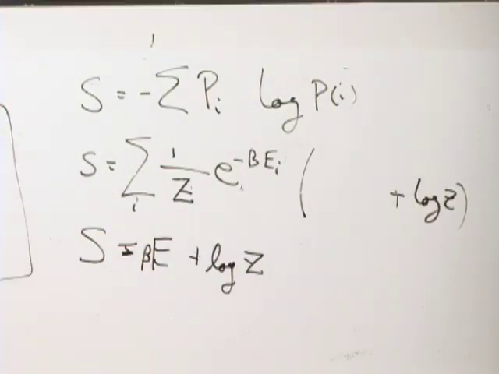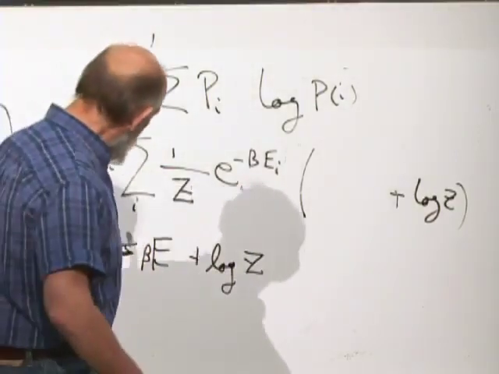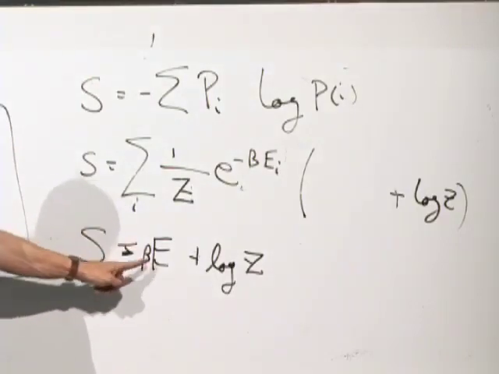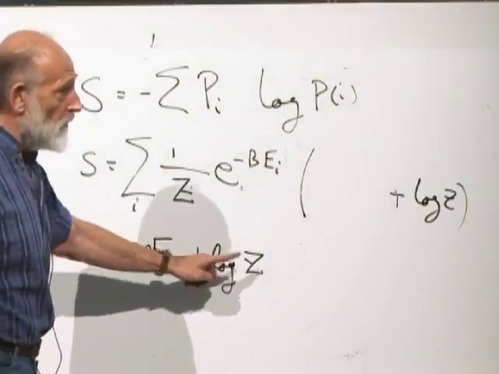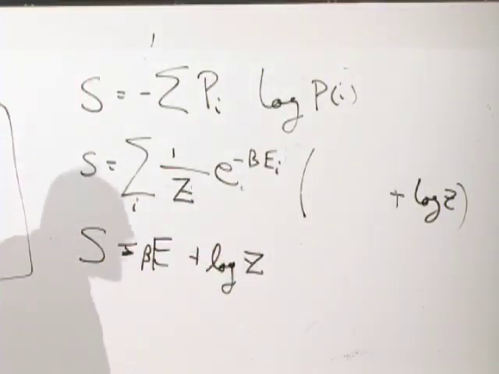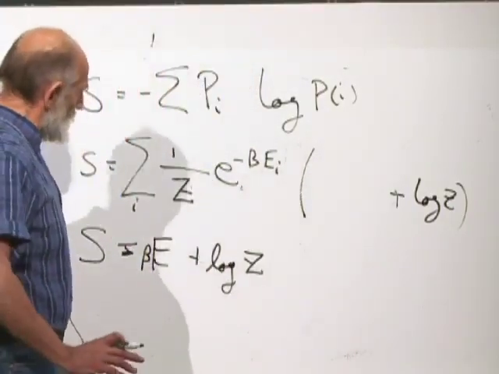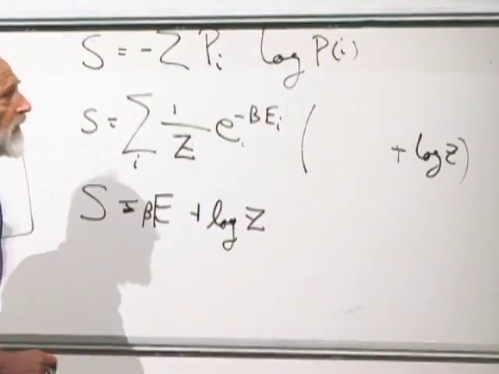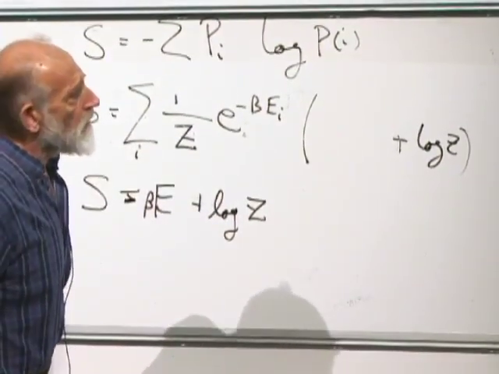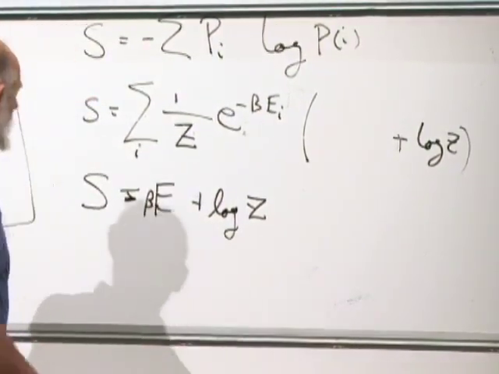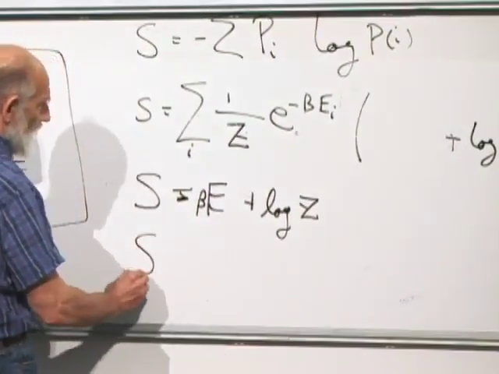What do we have? We now have a formula relating entropy, energy, and Helmholtz free energy. The Helmholtz free energy, I don't want to erase it in this form. Let's just put it up here. And again, logarithm of Z is minus beta times A. So here we have it.